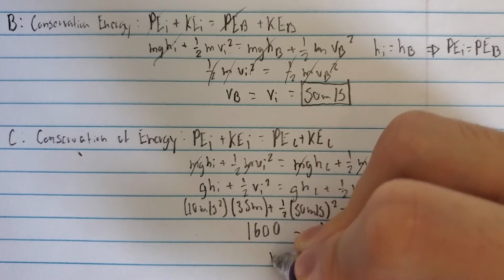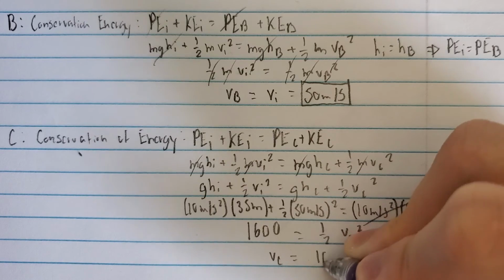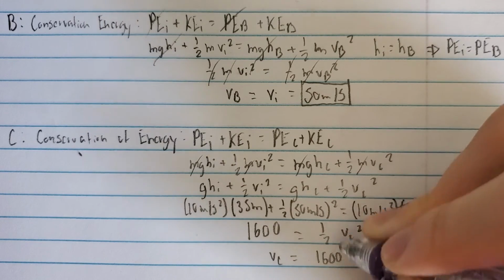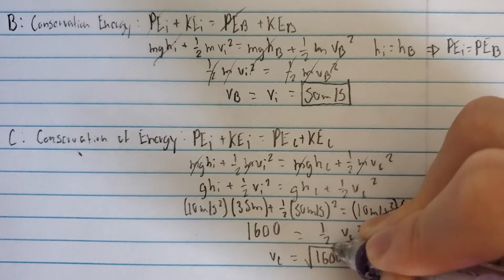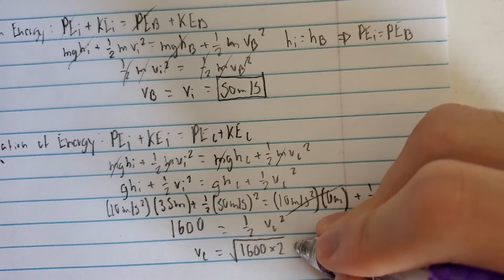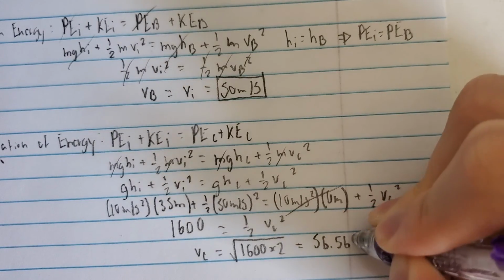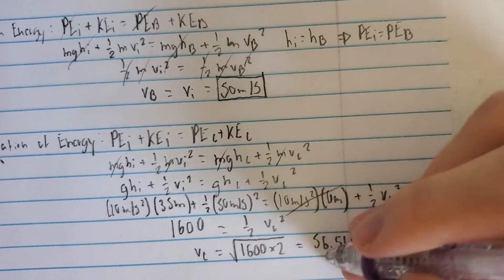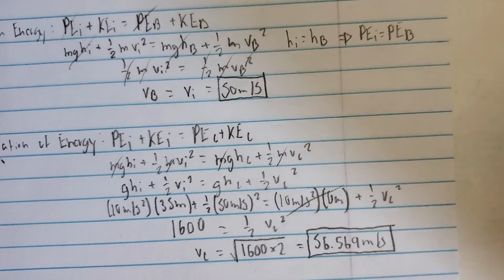So VC is equal to 1,600 times 2 and then square root that. Plugging this in the calculator, I'm going to get 56.569 meters per second as my speed at point C. And we're done.